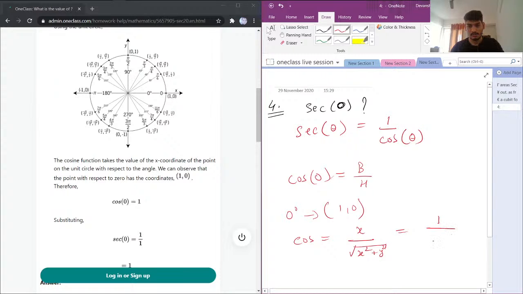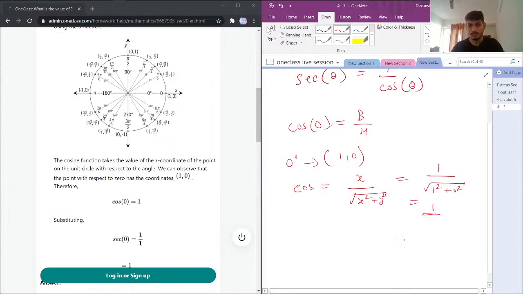Now x is 1 and y is 0, so this will be 1 square plus 0 square, which is 1. So cosine of 0 is 1.